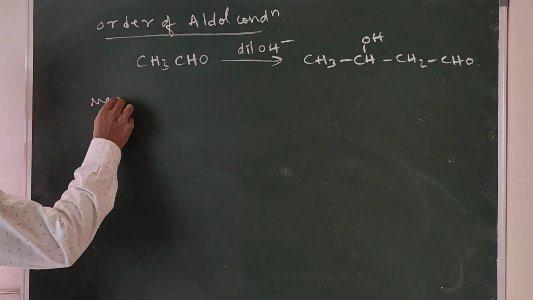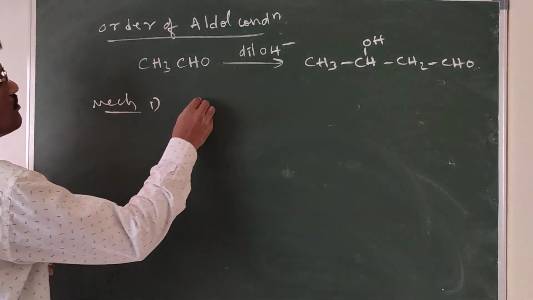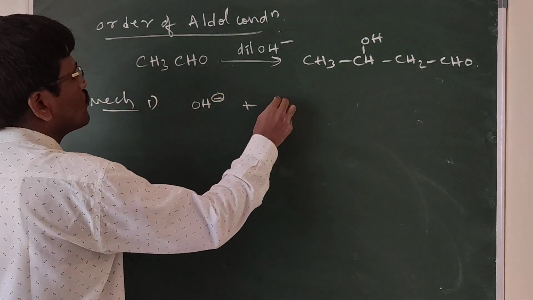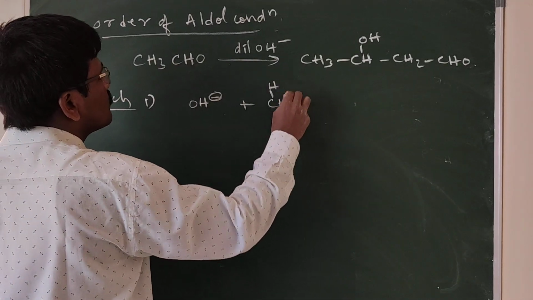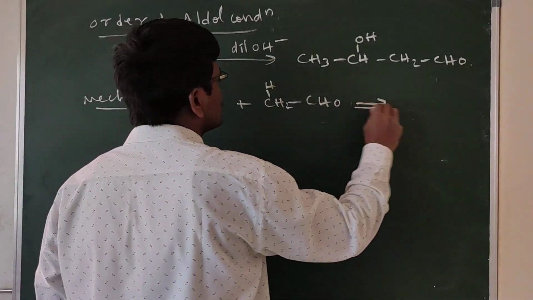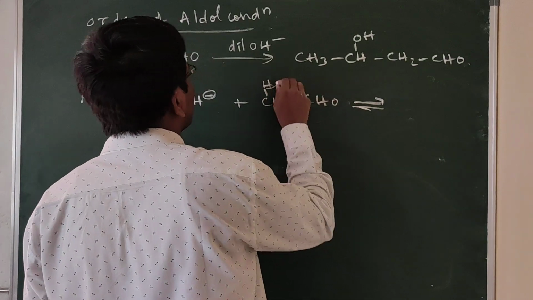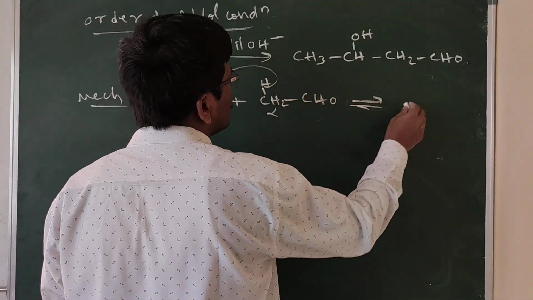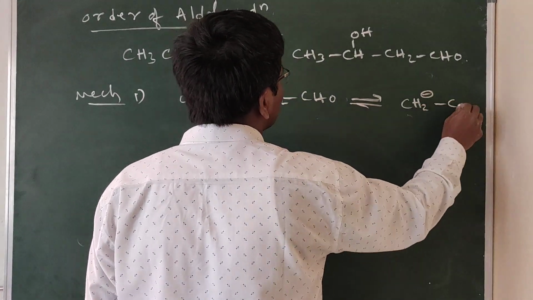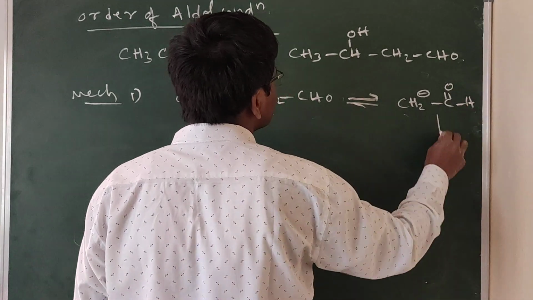The mechanism: the first step is that hydroxide abstracts the proton from the alpha carbon. We already discussed this mechanism. By abstracting the proton from the alpha carbon, we get a carbanion. This carbanion is stabilized by resonance.